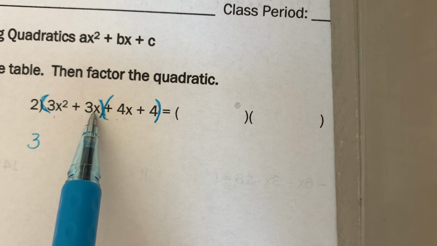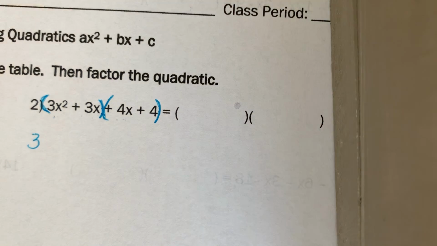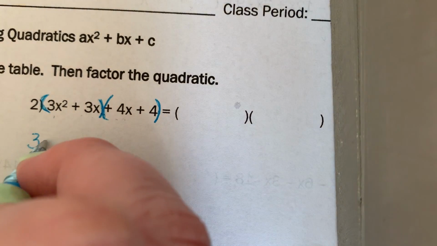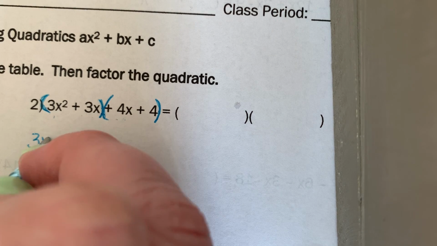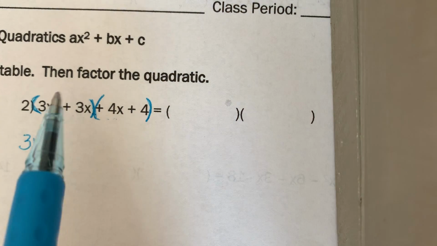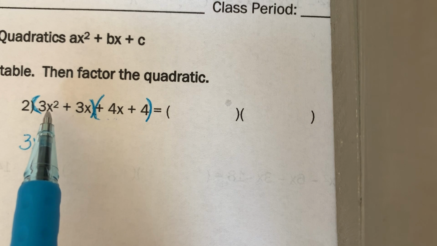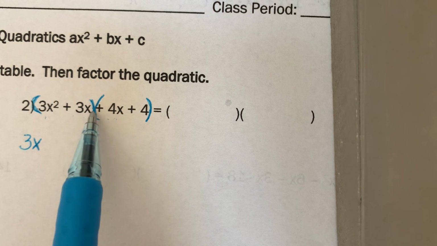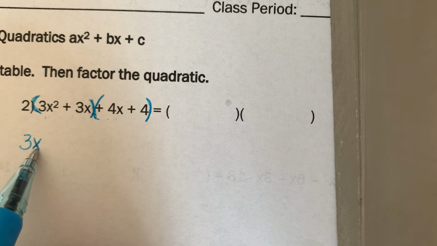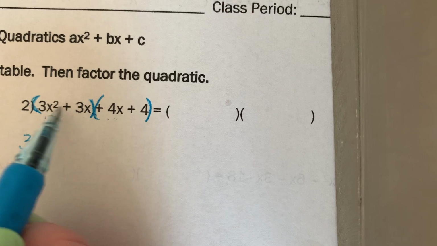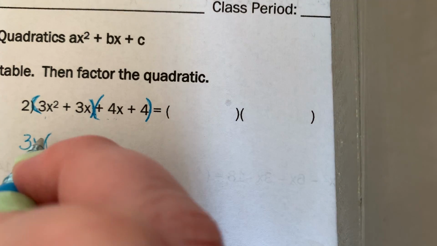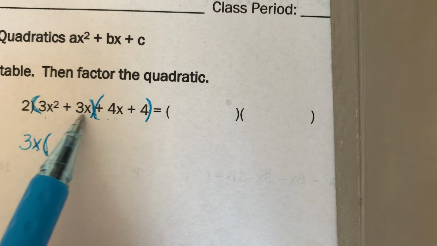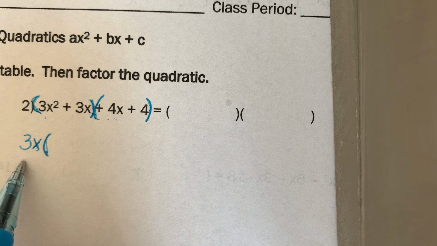So they obviously all have the same variable, which is x. You've just got to figure out what exponent it is. So you always go by the smallest exponent. So this is an exponent of 2. This one has an exponent of an imaginary 1. So then that means this is going to be x to the first power because you go by the smallest exponent.